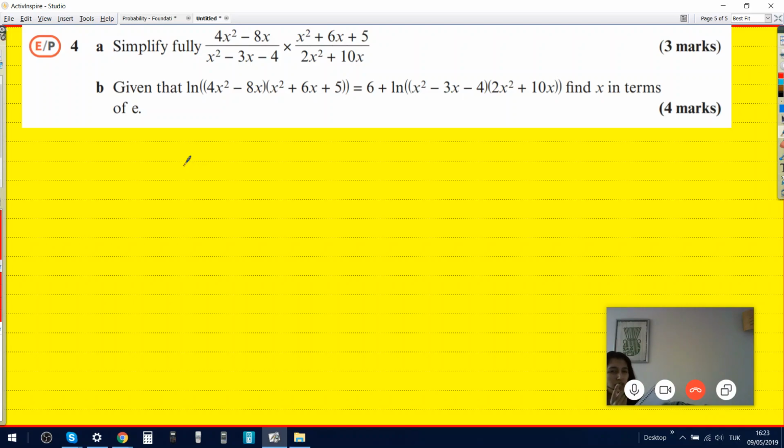Many times? Just 3 over 5. You just times the tops and times the bottoms, don't you? So I'd fully factorize the top and bottom first.